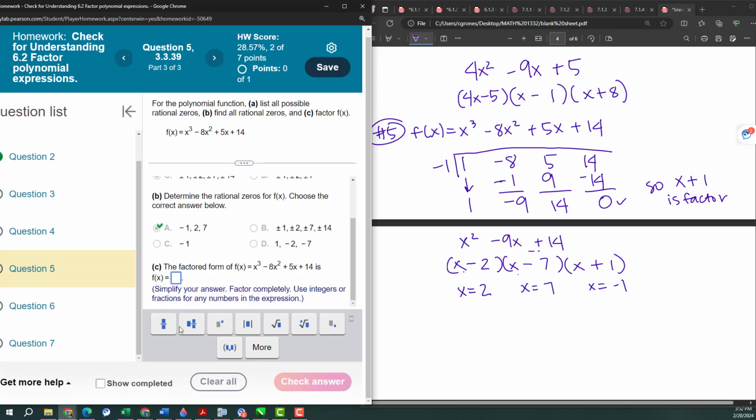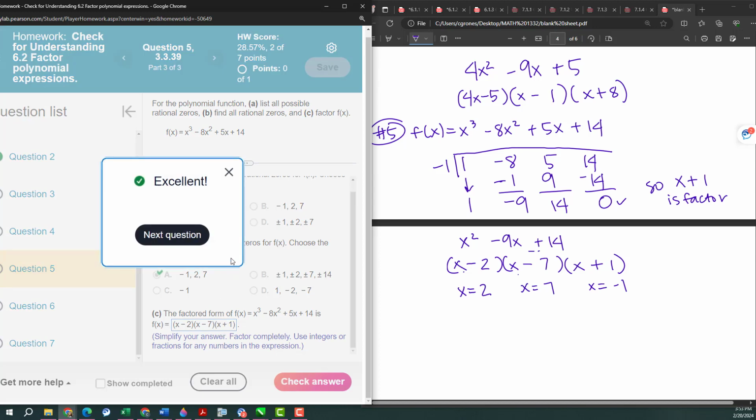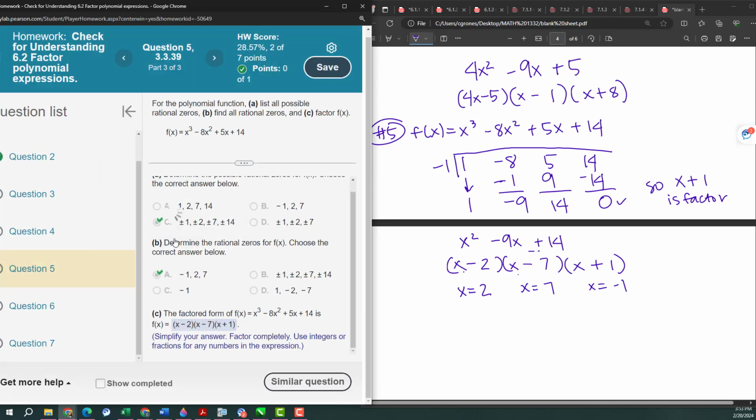The factored form is x minus 2, x minus 7, x plus 1. Okay, so there's a question like that.